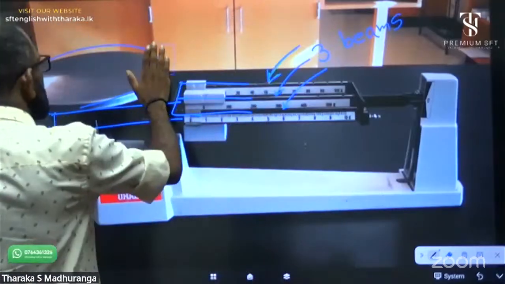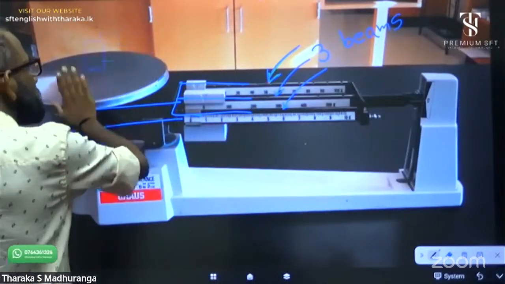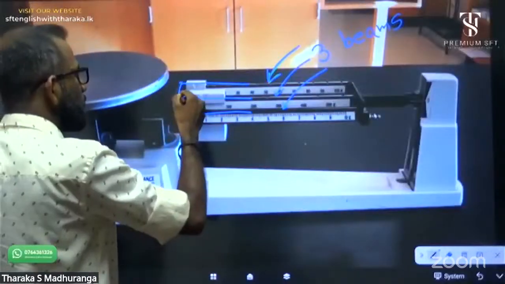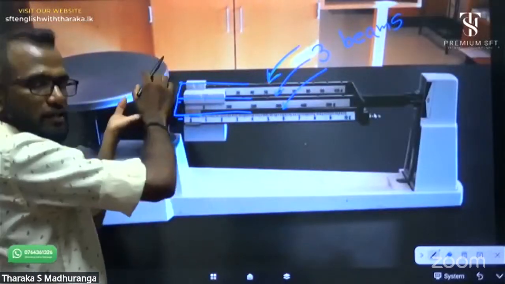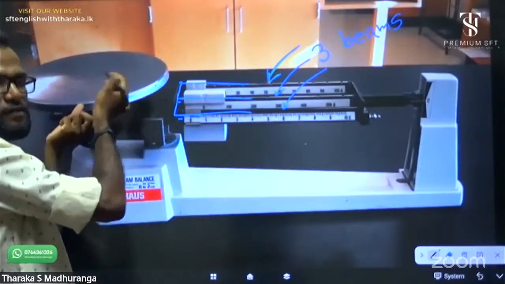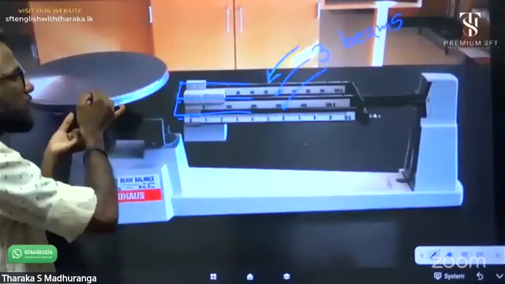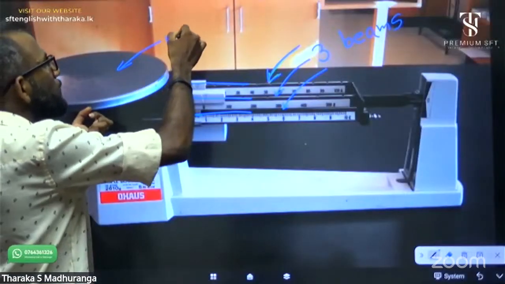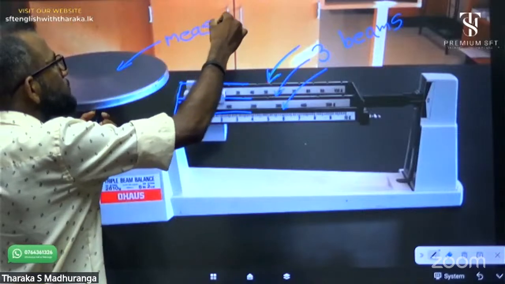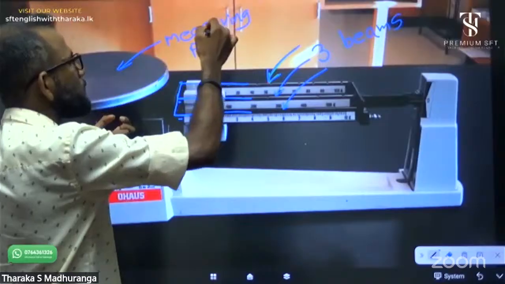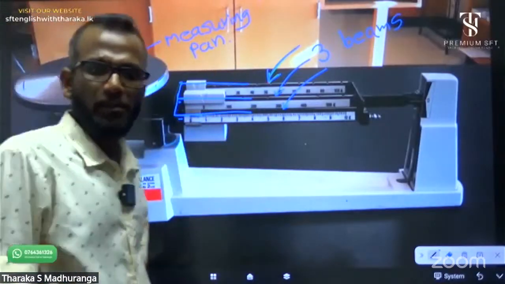Now clearly understand, get the practical idea. Three beams are connected to one single beam, and at the end of this lever is the measuring pan.